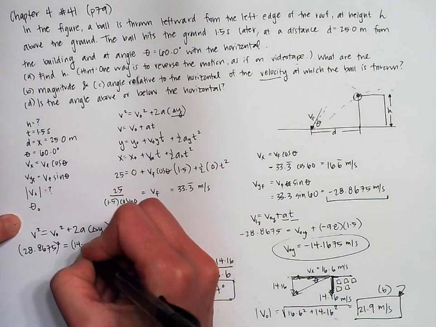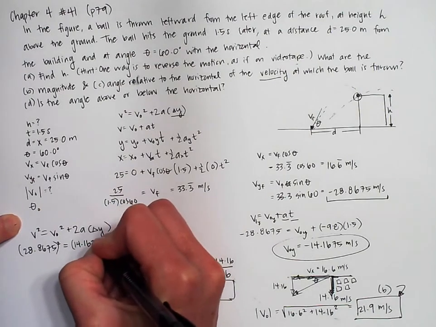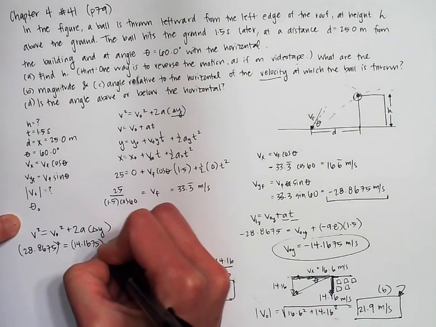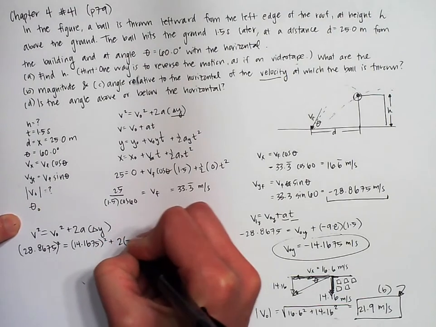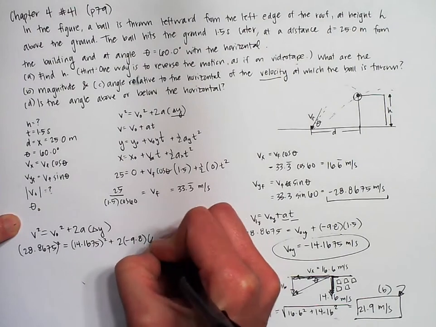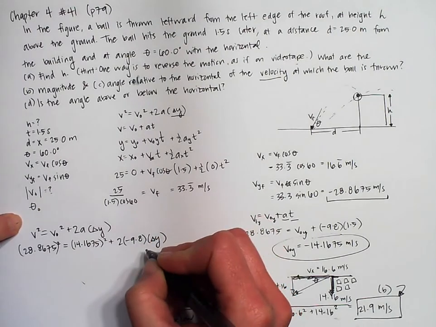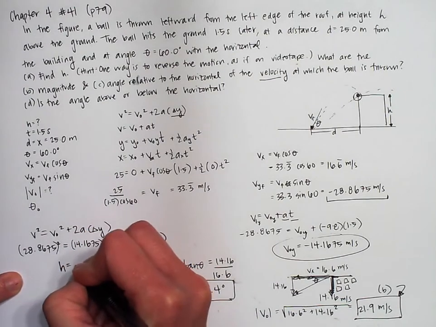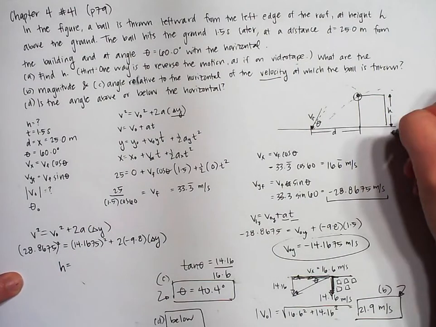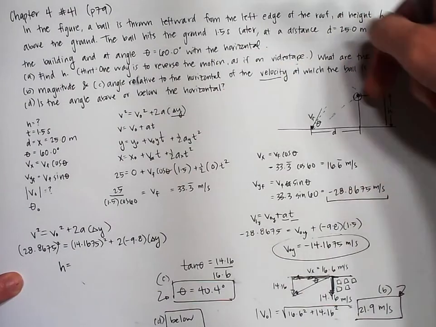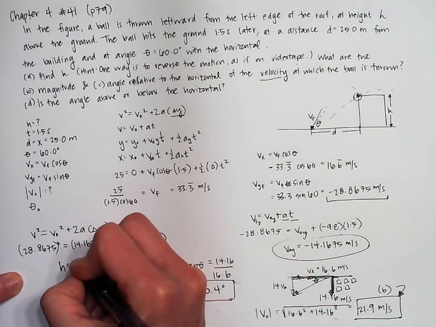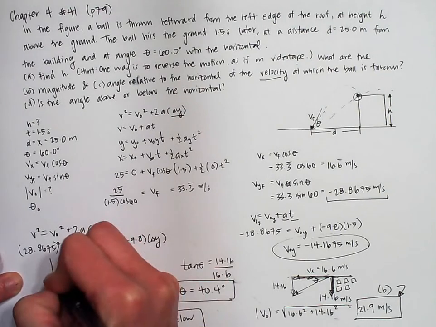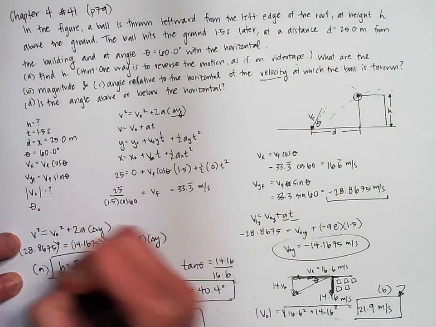But again, since they're squared, it doesn't matter mathematically. 14.1675 squared plus 2 times negative 9.8 times our delta y, which is what we're solving for. So once we solve for this, we find out that our height will be a negative height that we're given here, because I chose that to be our downward direction, but the actual height is a positive 32.27 meters, which is the answer to part A.